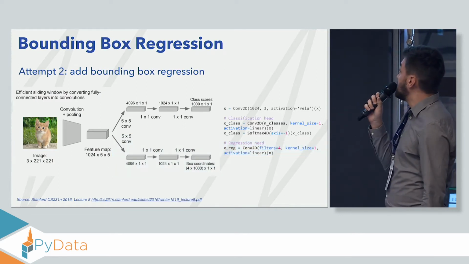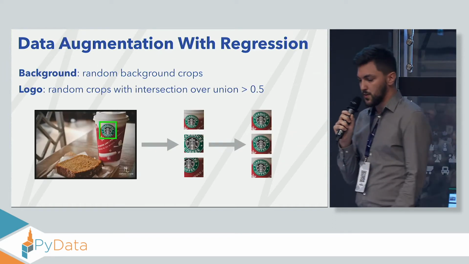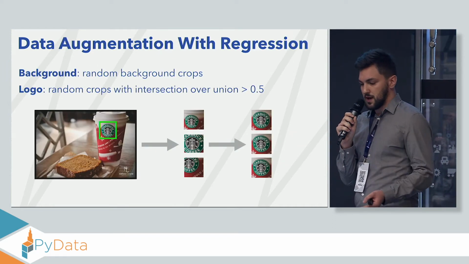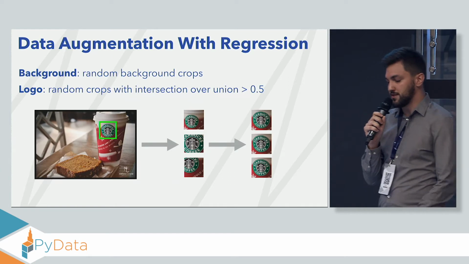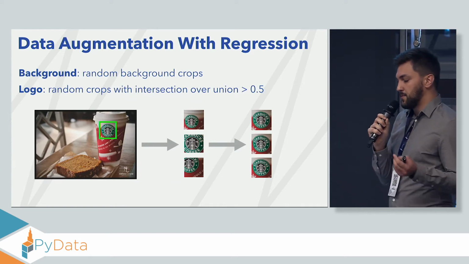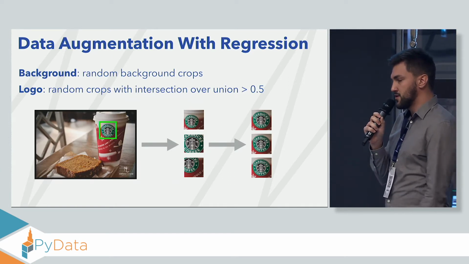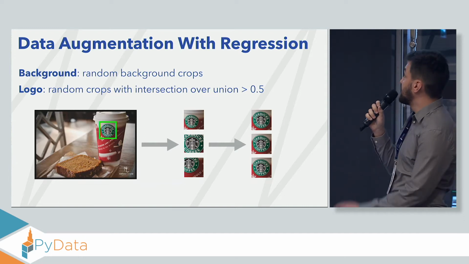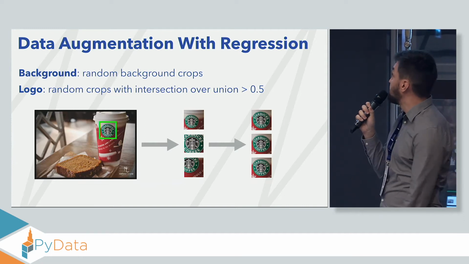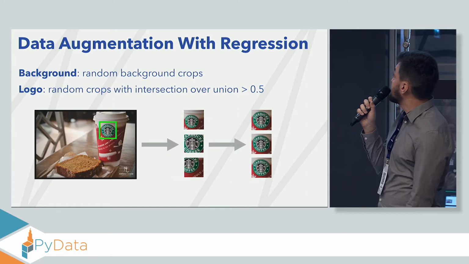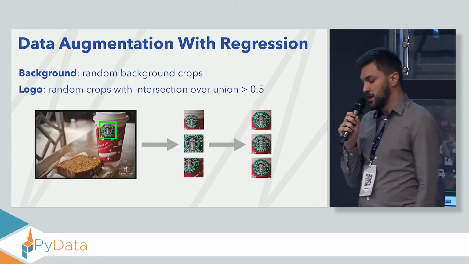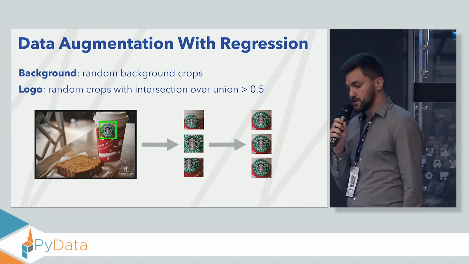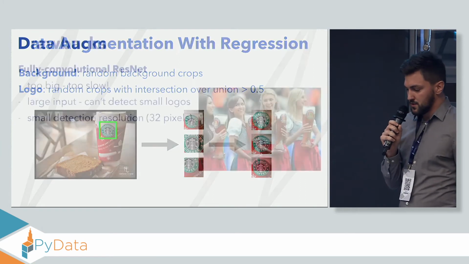And for that, we also needed to update our data augmentation to provide not only the augmented images, but also these 4 numbers that are then able to correct the precise location of the bounding box that will be produced.